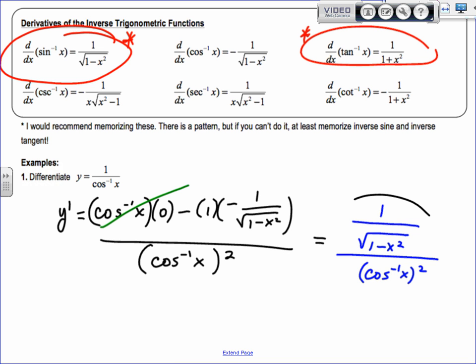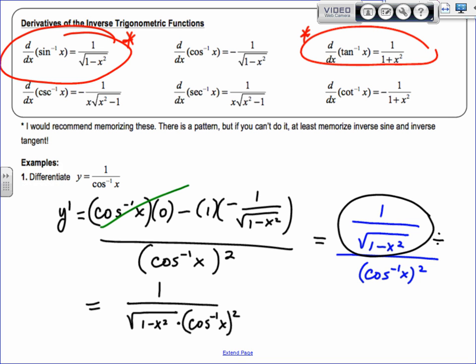So this is like this thing divided by the inverse cosine squared. Okay, so it ends up being 1 over the square root of 1 minus x squared, and then times inverse cosine squared. Why did I do it on the bottom?